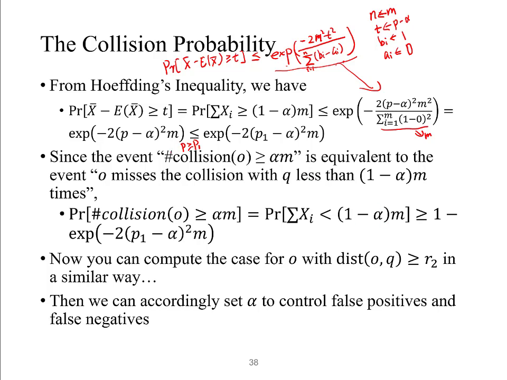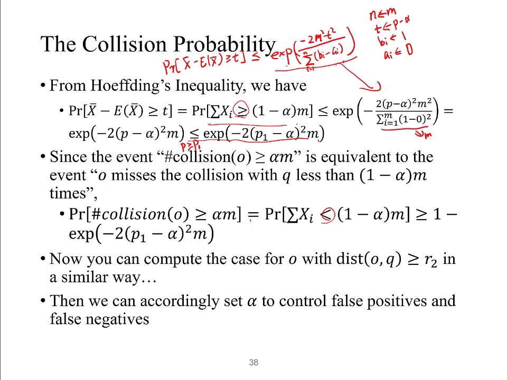So the probability equals to this one, and this one here is no more than this one. So yeah, we do have a different inequality symbol here. So it is greater or equal to 1 minus e to the power of this part.